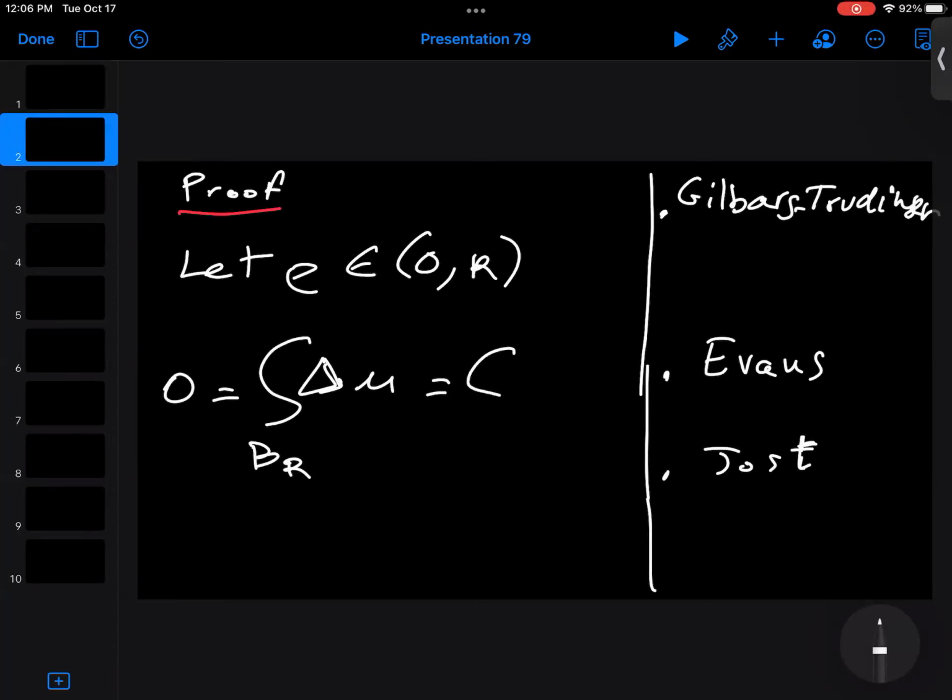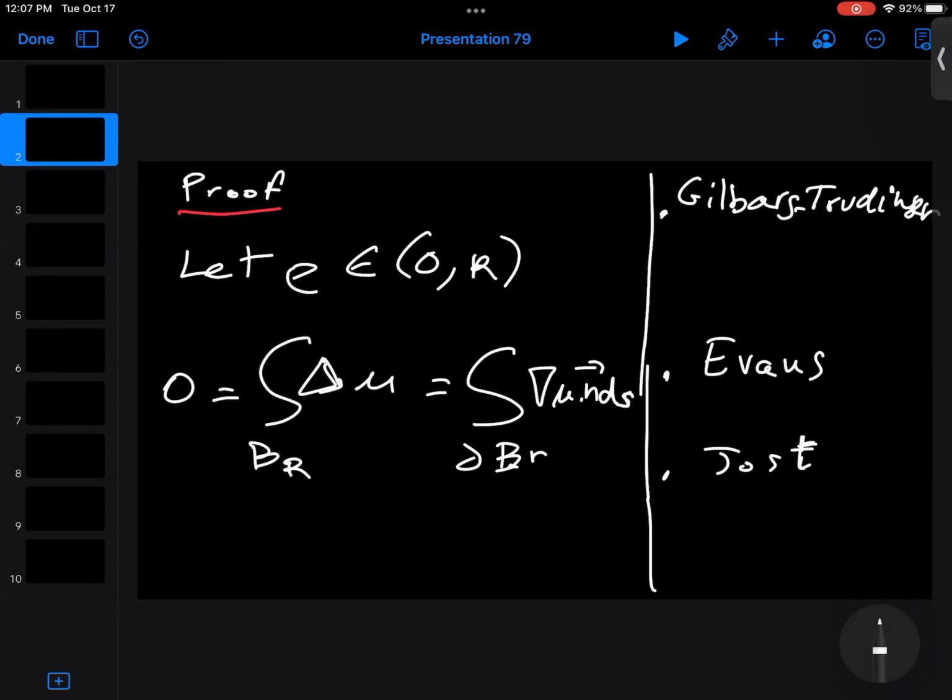So I obtain the integral on the border of the gradient of u, with the scalar product with n, the normal unit vector, and here I integrate on the border, so on the sphere. Okay.